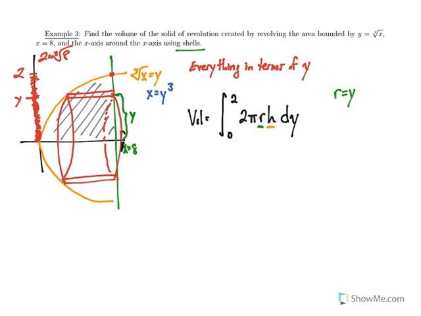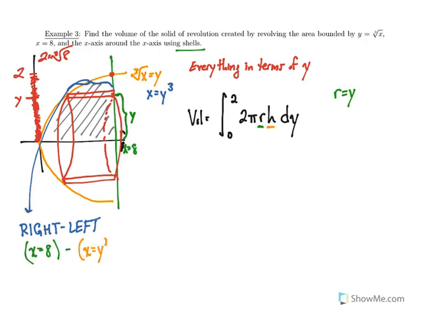And h is going to be the length of that rectangle. And that rectangle we can find by doing the right function minus the left function, which will give us the x equals 8 minus the x equals y cubed, or we could write that as just 8 minus y cubed.